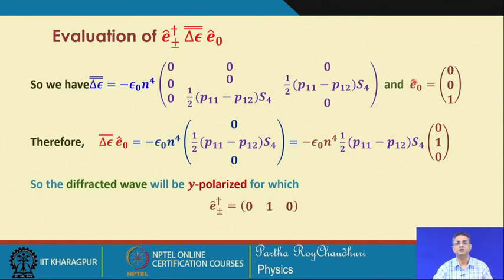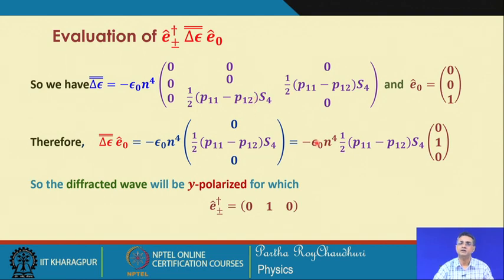Now, E_0, if you multiply this with this quantity, very straightforward, we can see that epsilon_0 n to the power of 4 and this quantity will be the non-zero quantity. If you multiply this and this, only this quantity will be surviving.